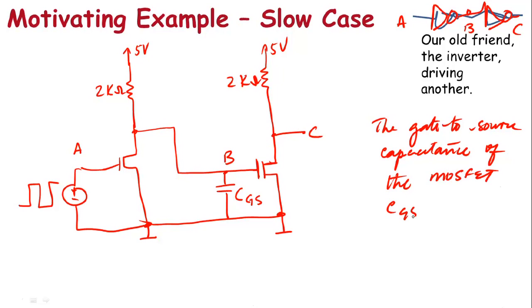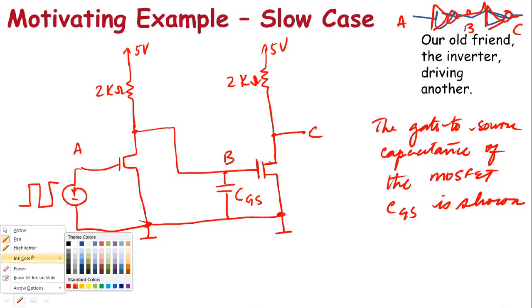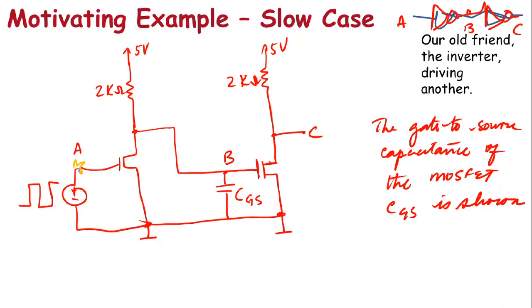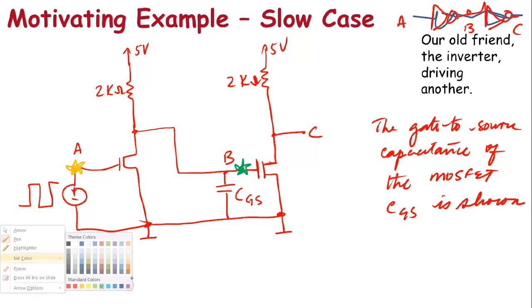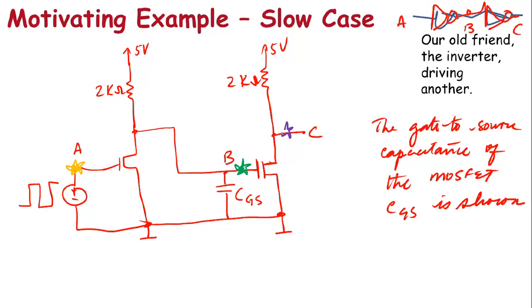Let me mark these nodes with some colors. So as I draw them out, I can use some nice little colors to show them. So let's mark this with yellow. Let's mark the node B with green, and let's mark node C with purple.